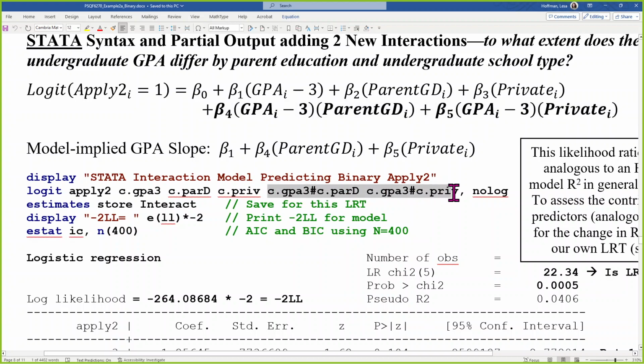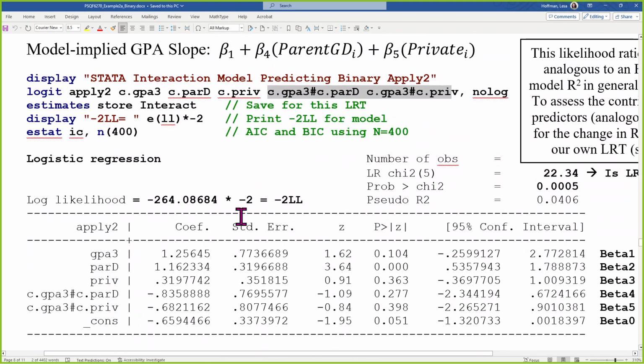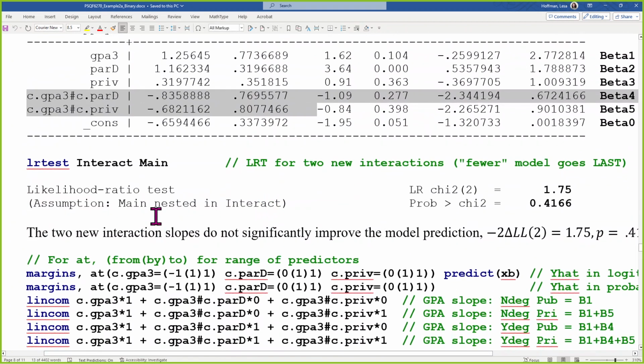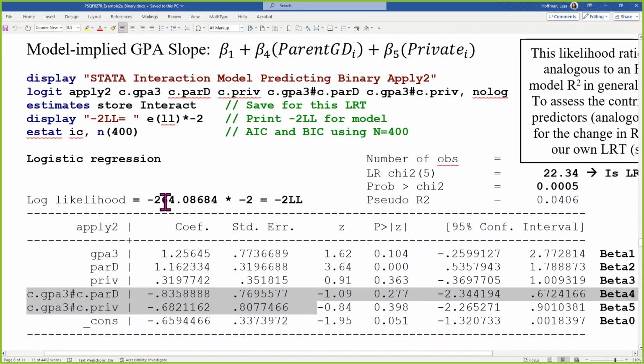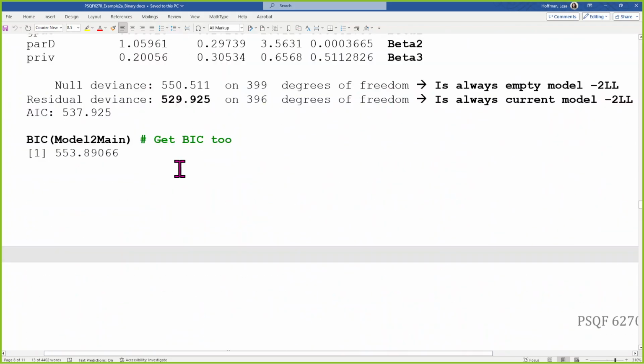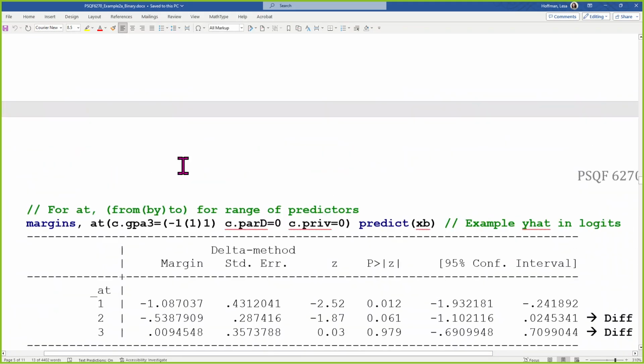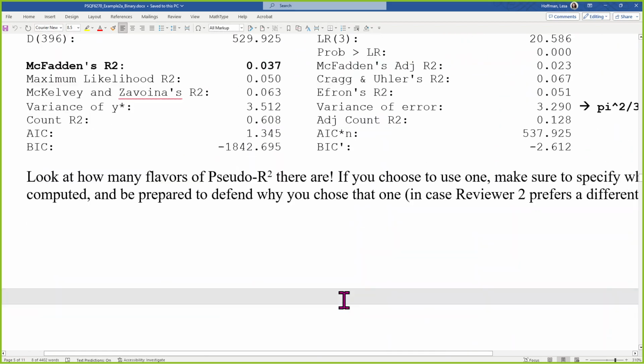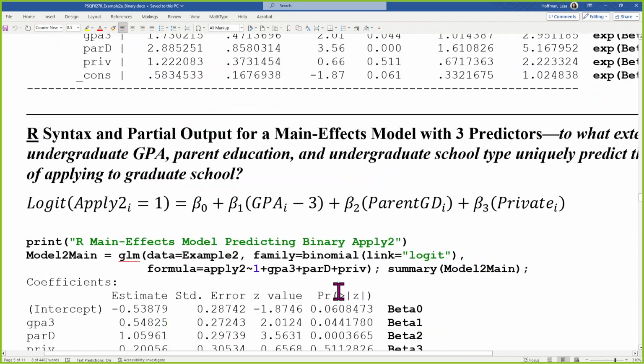So in Stata first, we've got the hashtag for the two-way interactions defined on the fly. We've got them entered in here. I am going to do a comparison against the previous model. Let me point out where that showed up first, because we're going to have to do it in both R and Stata. Here is the previous model. This command, estimates store, says, hey, all the stuff from this model, go save it and call it main. In R it's implicit.